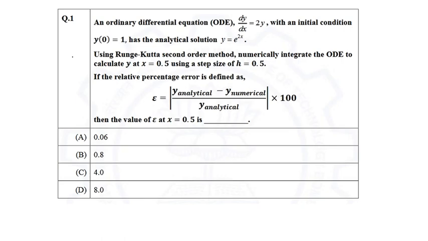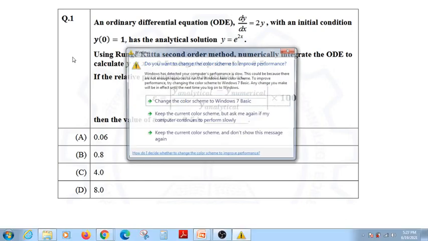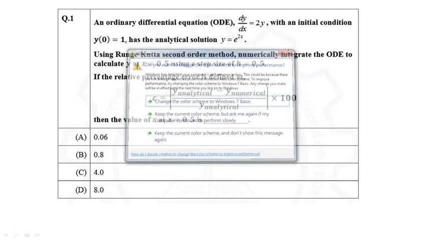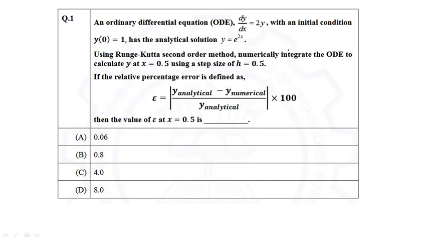Okay. So now I would like to go for the first question. Somewhat lengthy one, and I would also like to show the procedure to solve it. An ordinary differential equation, ODE, dy by dx equal to 2y with an initial condition y of 0 equal to 1, has an analytical solution y equal to e power 2x.